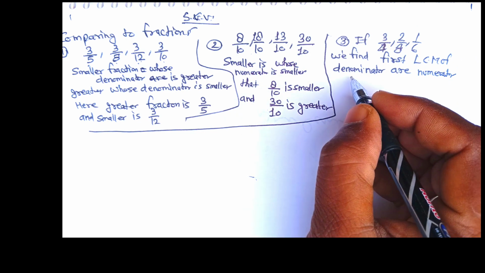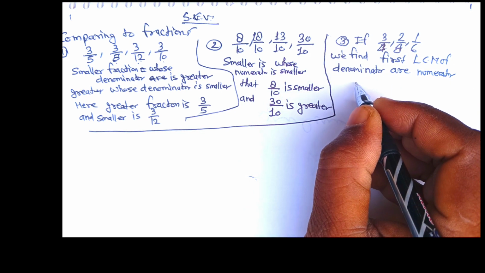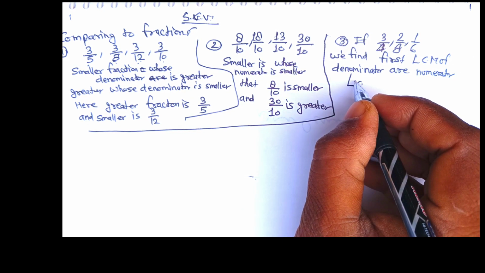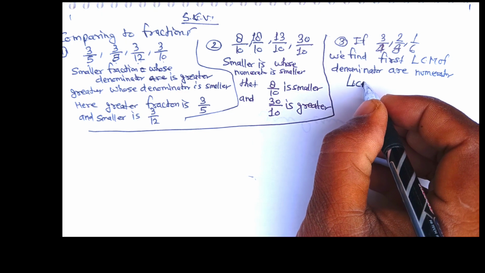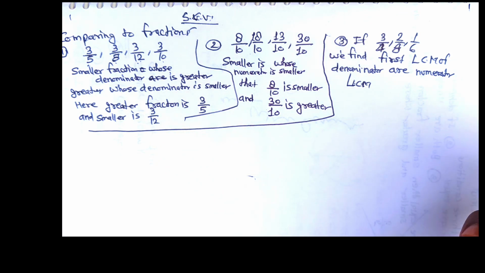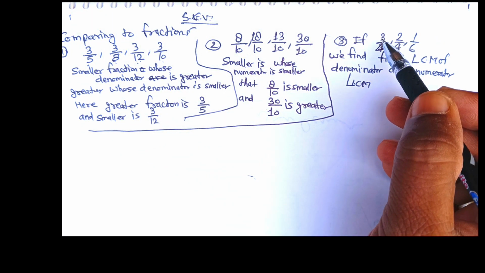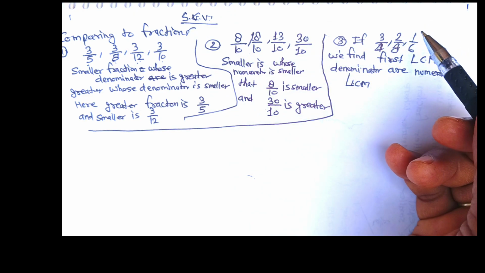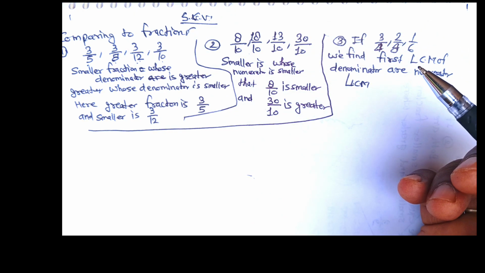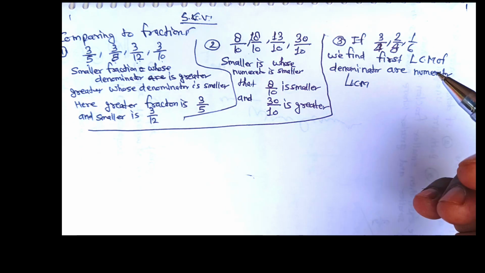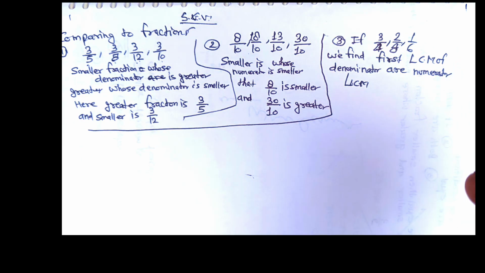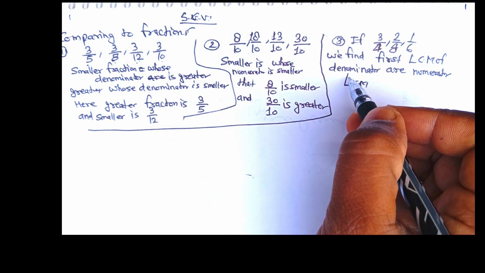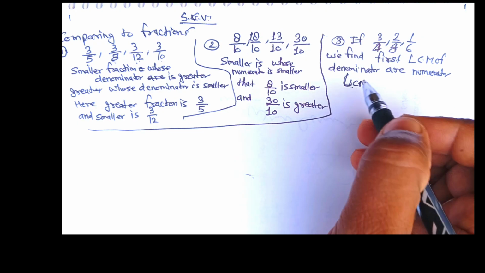Generally we find only LCM of denominators, because if we find numerators' LCM, their situations are just opposite. Greater fraction is whose denominator is smaller and smaller fraction whose denominator is greater. Then we always find only denominators' LCM.